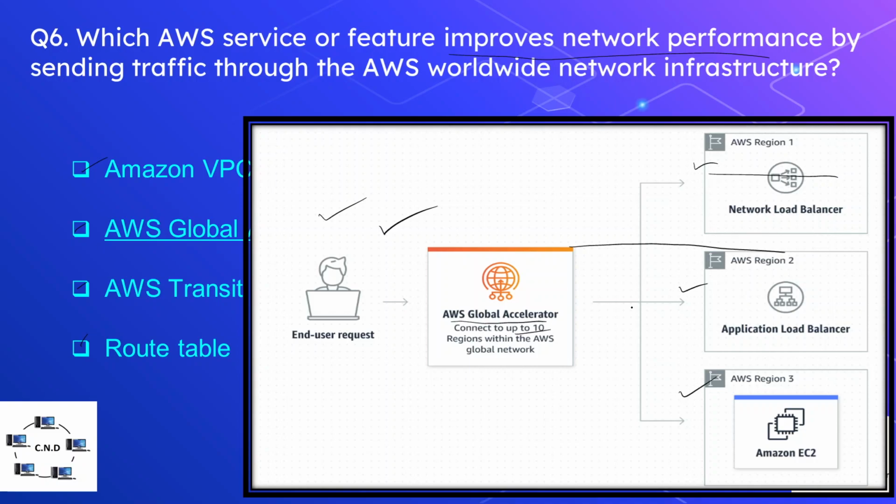So the user is connected to multiple regions, and if there is some issue or disaster at one region, then the user does not feel any performance impact or experiences minimum downtime, and is routed to the next available region. And then inside the region we have multiple availability zones, as already discussed.